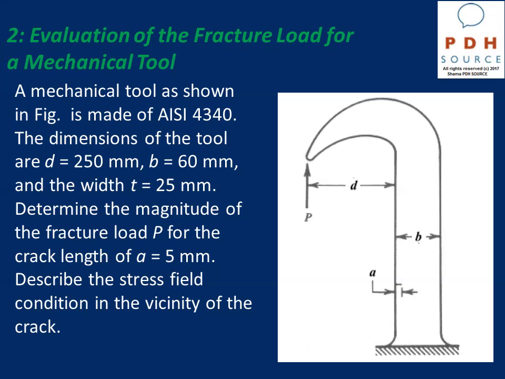Again, we need to calculate the magnitude of the fracture load if we have a crack length of 5 millimeter. This example is going to illustrate how a small notch in a tool can limit its load capabilities.